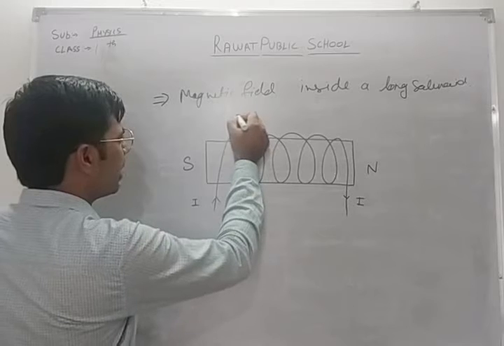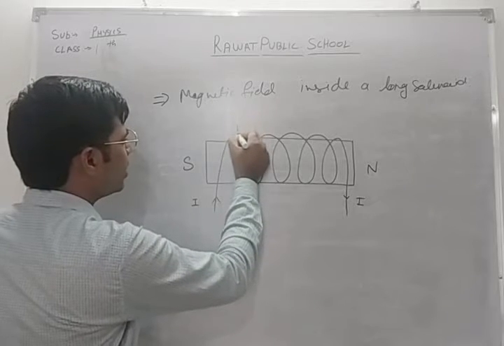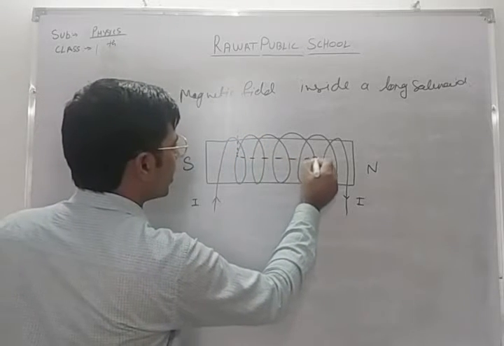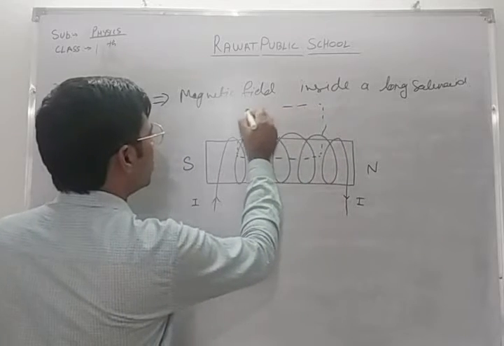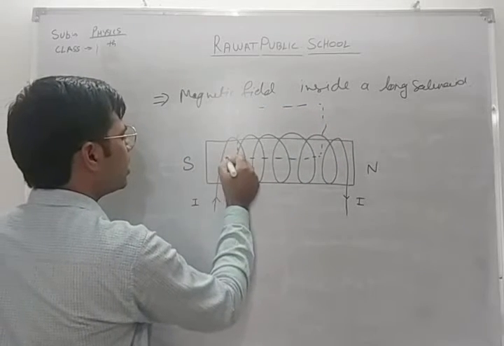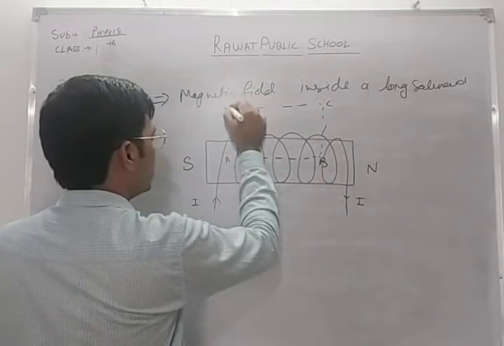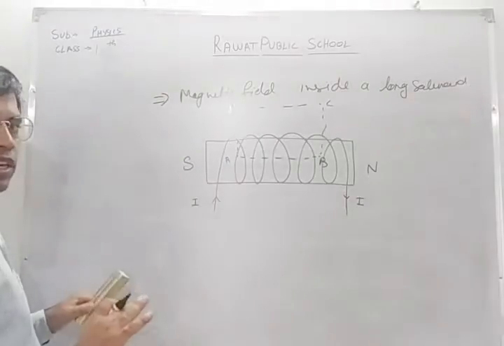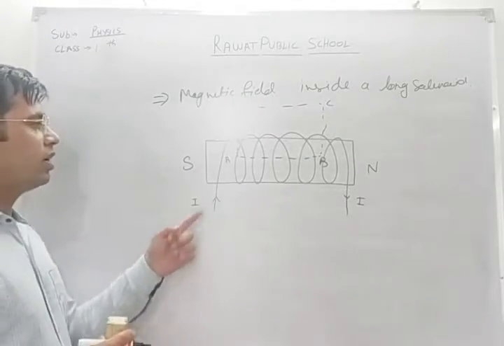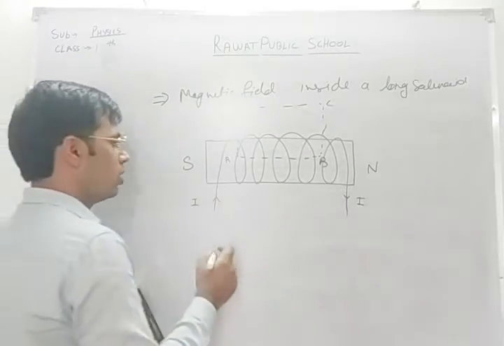For calculating the magnetic field, we will be taking a rectangle and let's say name of these parts A, B, C, D. This is a rectangle that we are taking. We are finding magnetic field because of this solenoid. Okay.